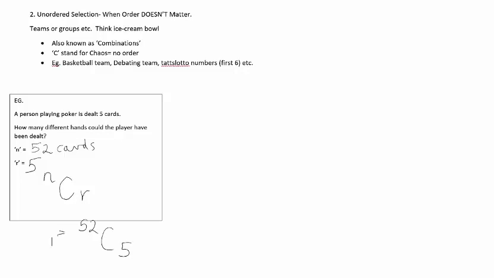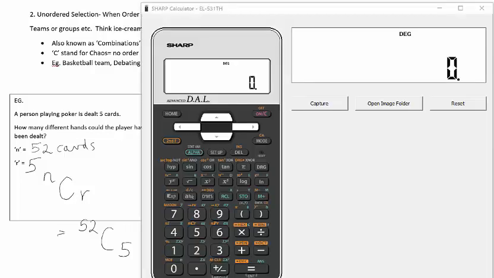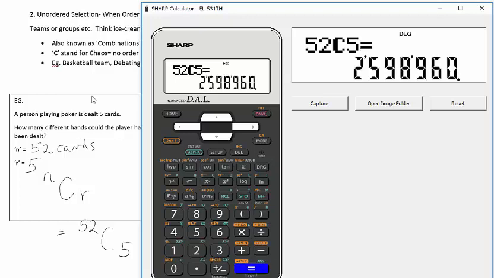So I'm going to show you how to put that in your calculator. So here we go. 52, because that's how many things we have. Second function, you'll see the nCr is here, 5. And then we have to press 5 again, because that's how many cards I'm going to be dealt, equals.